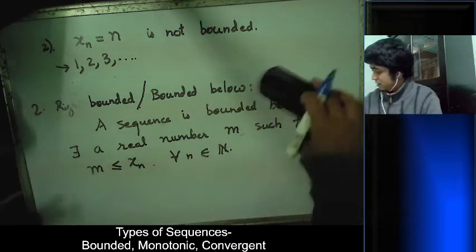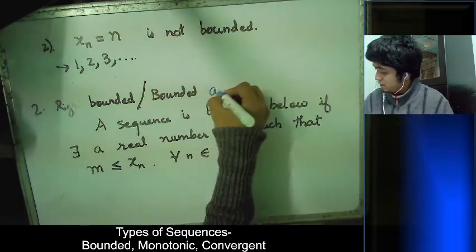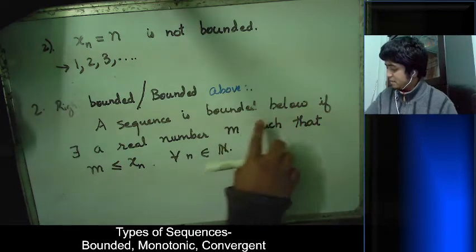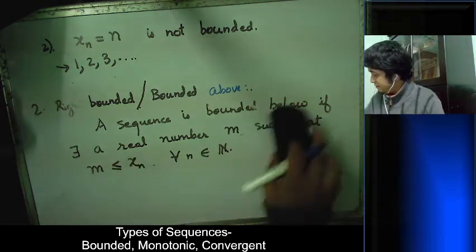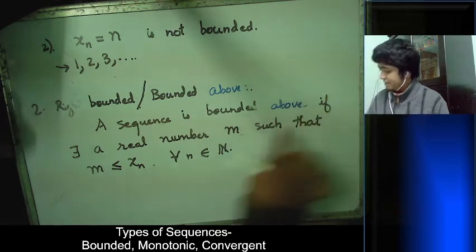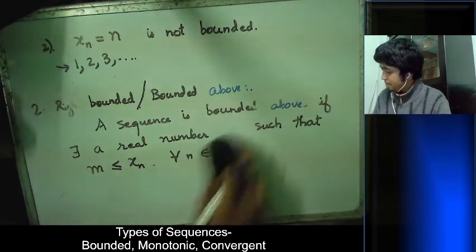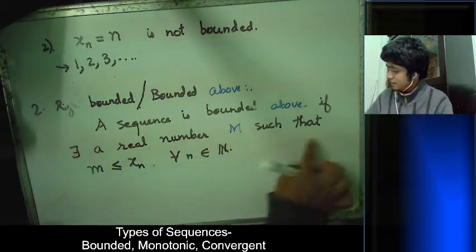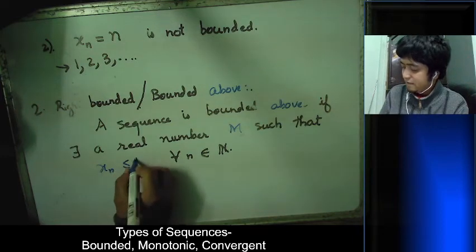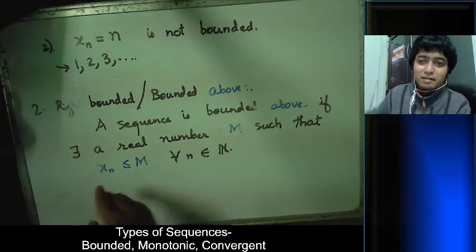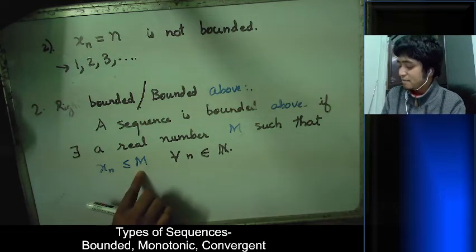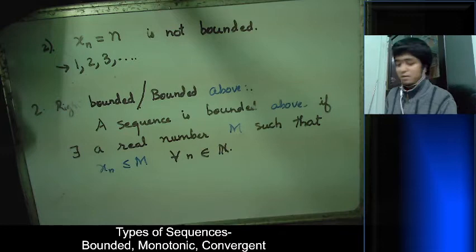So a real sequence is bounded above if there exists a real number M such that xn. We can only construct the wall on the right hand side, but on the left hand side we cannot construct the wall. So xn less than or equal to M for all n belongs to N.